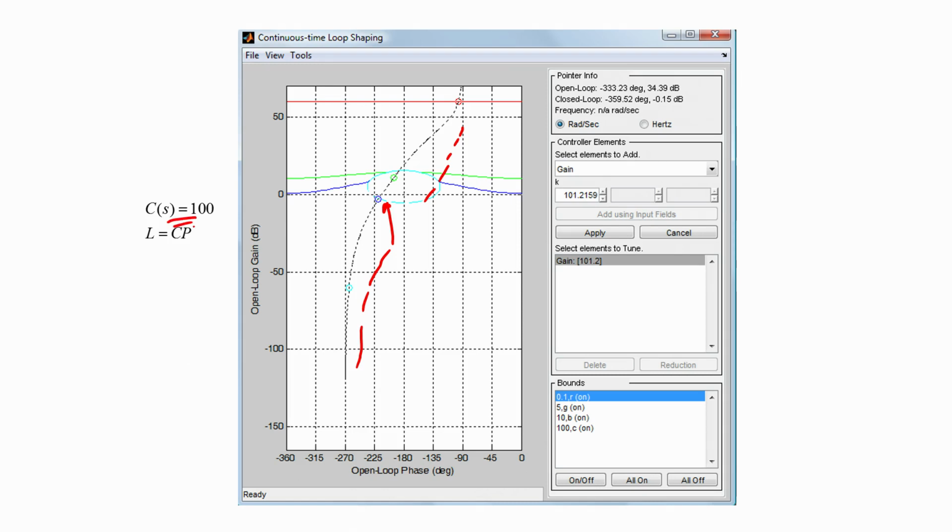Now if we choose this, we note that our red circle, which represents the loop gain at 0.1 radian per second, will sit exactly on the red bound, and therefore will just satisfy the specifications at 0.1 radian per second.